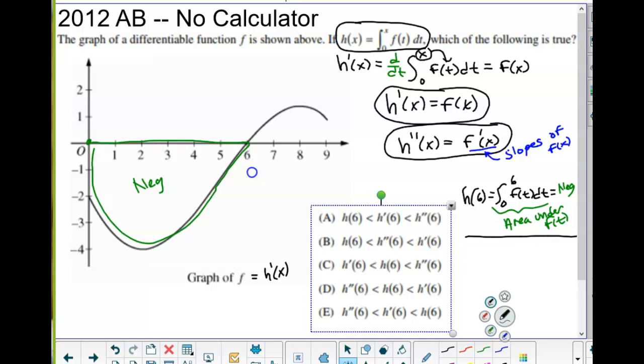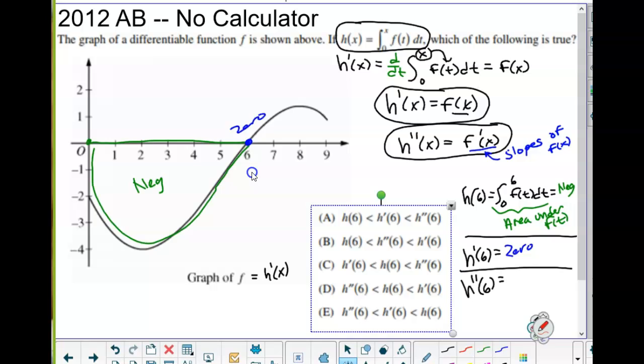Right? Now, I need to find h prime of 6, which is reading the graph. H prime of 6 is just the graph. So if I go over to 6, what is that point? 0. And then h double prime are the slopes. Right? Where did I write that? Right here.